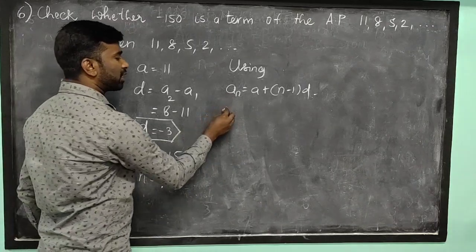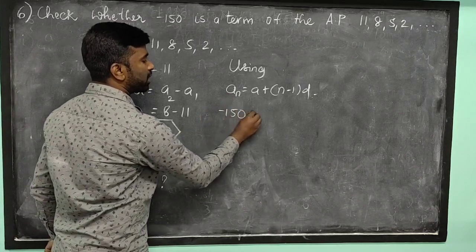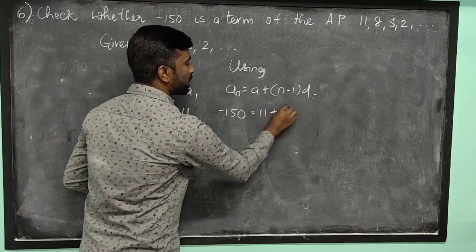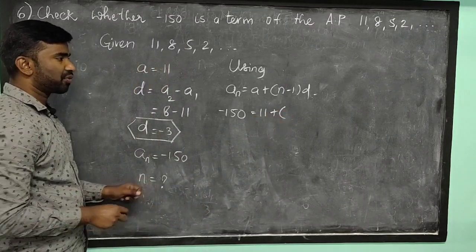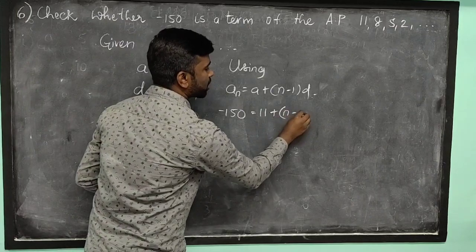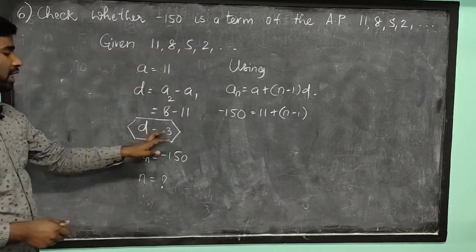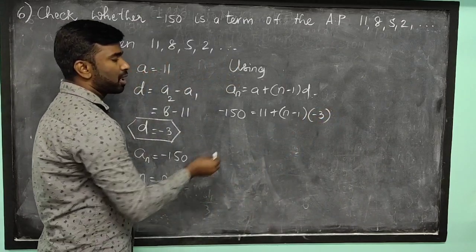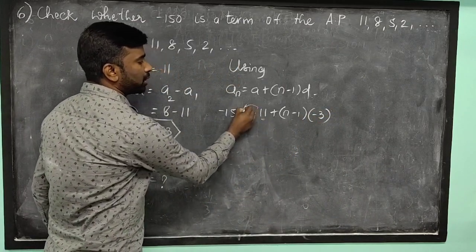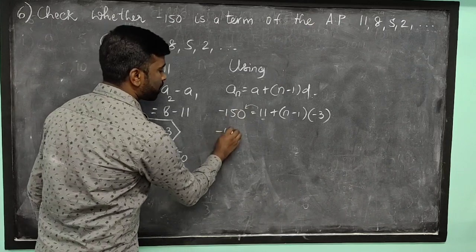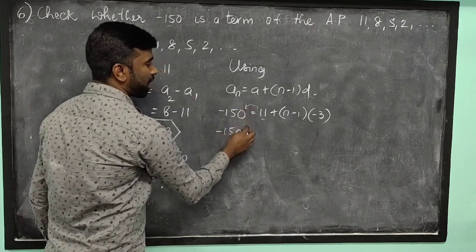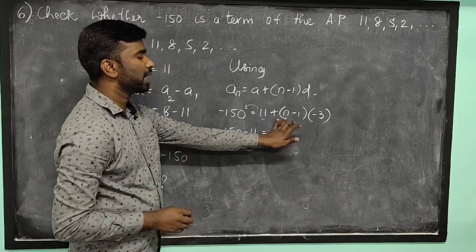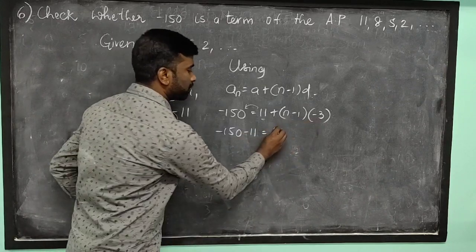The value of an is minus 150, which is equal to the value of a, 11, plus n minus 1, keep as it is, into d, which is minus 3. Now shift this plus 11 to the LHS. It becomes minus 11, which is equal to n minus 1 into minus 3.